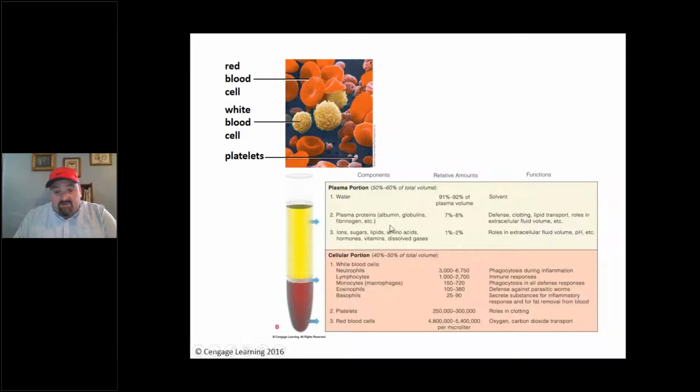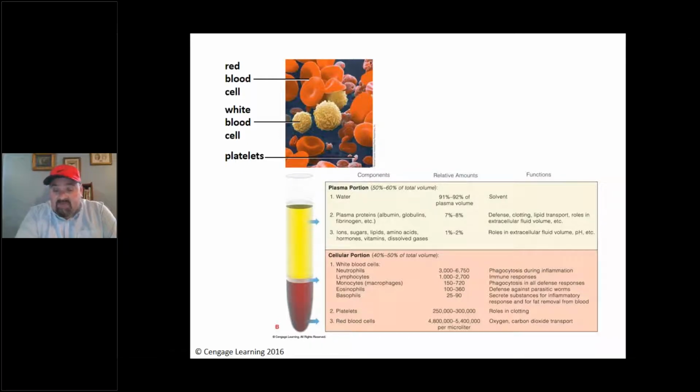You'll see here the plasma proteins: albumins, globulins, fibrinogen. The globulins are also involved in a defense mode as far as the immune system is concerned. And I'll talk about that when we look at the lymphatic system and your immune response. So think in terms of your antibodies as being considered a type of globulin protein.